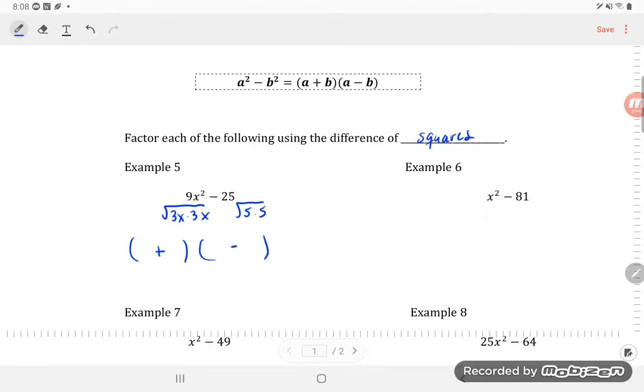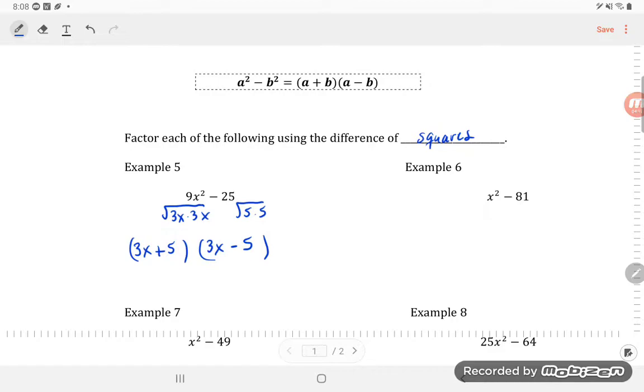If you look at my first radical, 3x times 3x, I'm going to put a 3x here. I'm going to put a 3x there. So the 3x goes in the first position. In the factor terms, here in my parentheses, I'm going to write a 5 here, and I'm going to write a 5 there. My answer to example 5 is 3x plus 5, 3x minus 5.